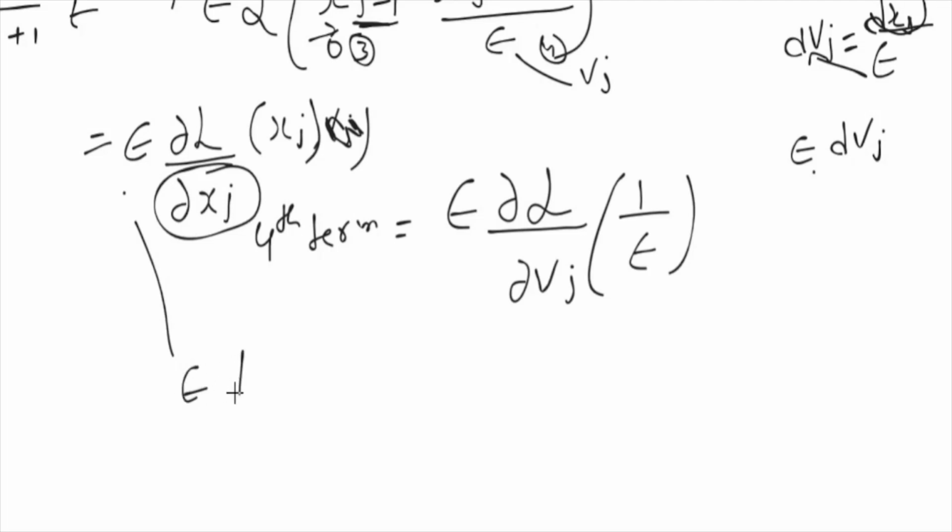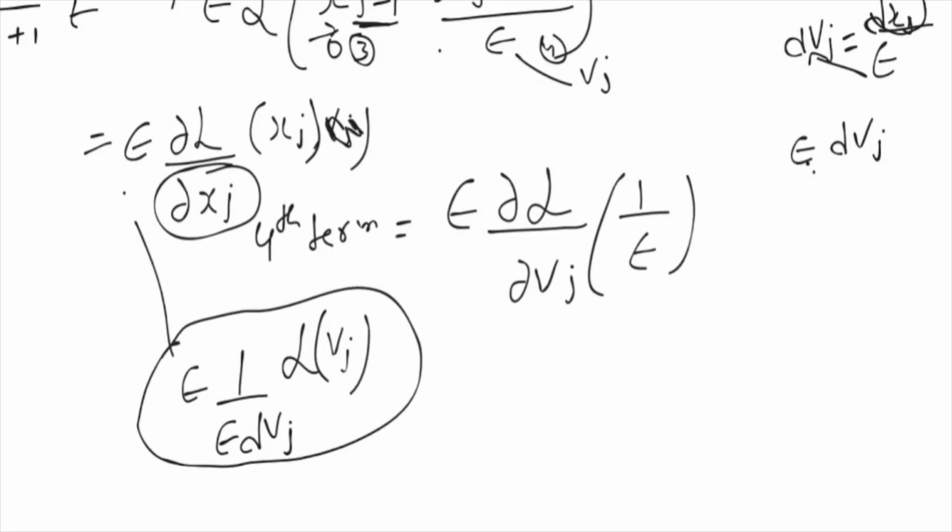Epsilon, 1 upon, where it is dxj. So what can we write in place of dxj? Epsilon dVj. So here it will come, in place of dxj, epsilon dVj, and L of, and what is this term, we have zero, we are taking this term's derivative, and this is Vj. So this is the differentiation of this term with respect to xj.